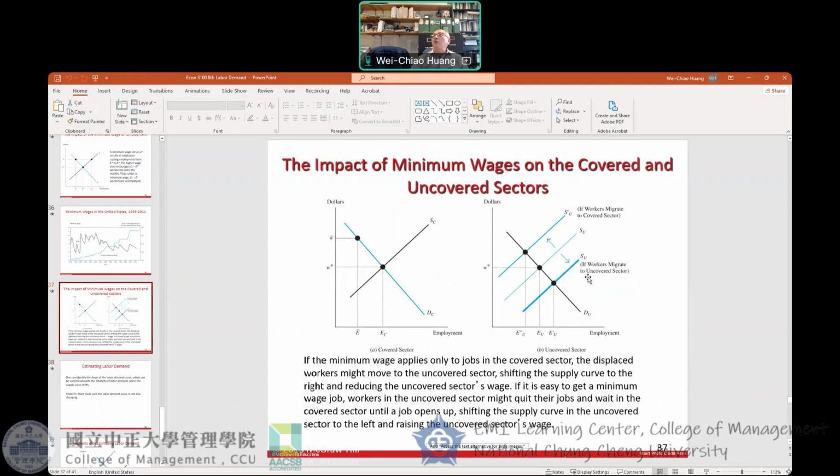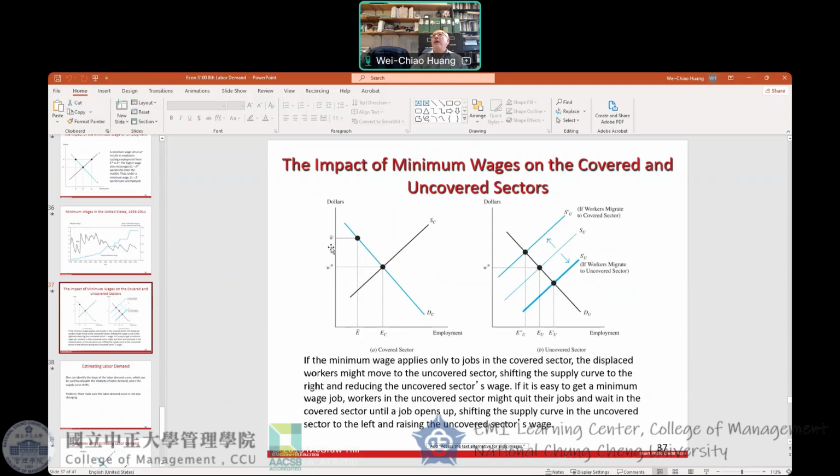If workers migrate to the uncovered sector, then you have this intersection showing what? A wage drop. The spillover effect is to cause the wage in the uncovered sector to drop. But on the other hand, it's also possible that some workers leave the uncovered sector for the covered sector because they think they're going to get a job and enjoy the higher wage of W bar.